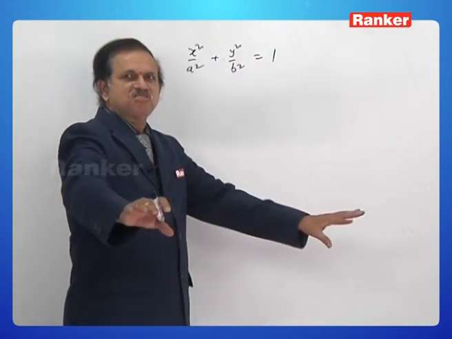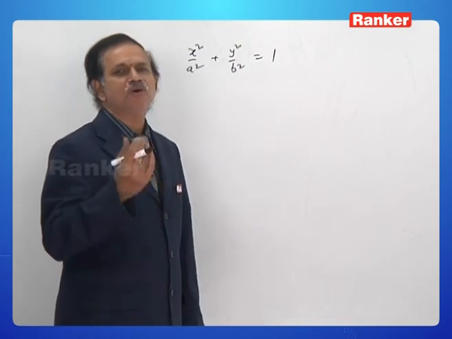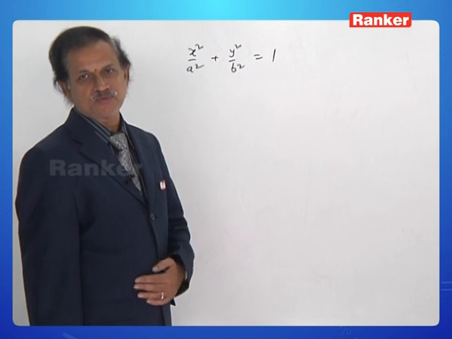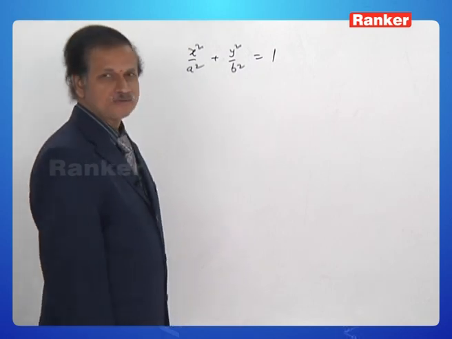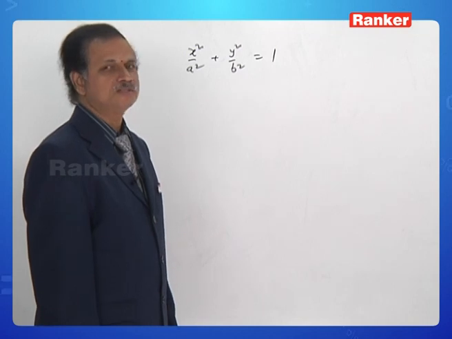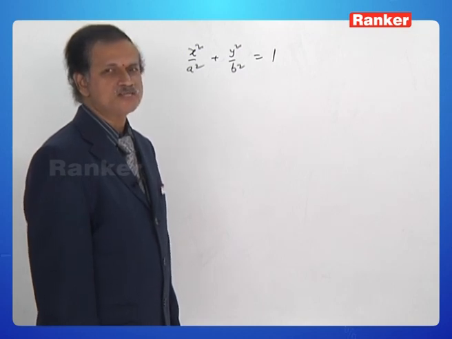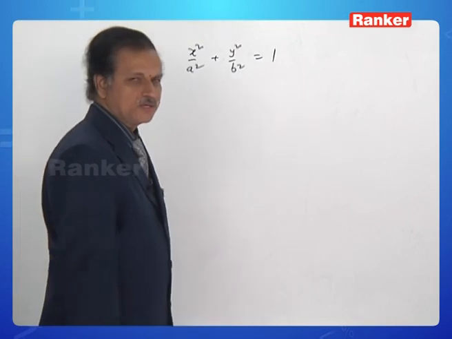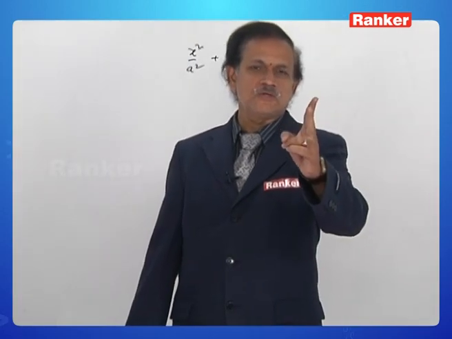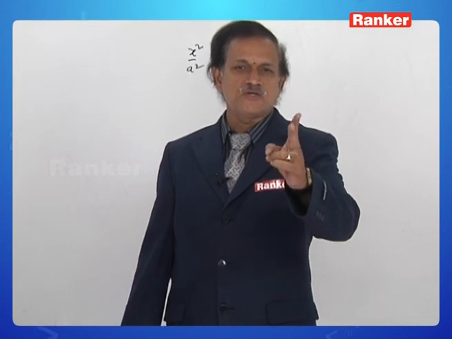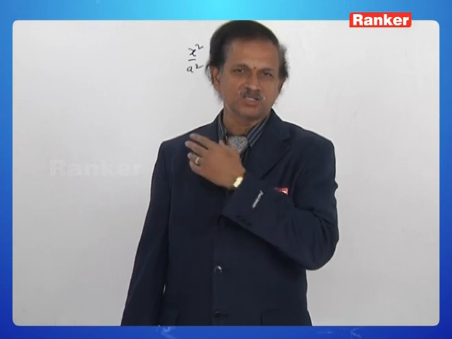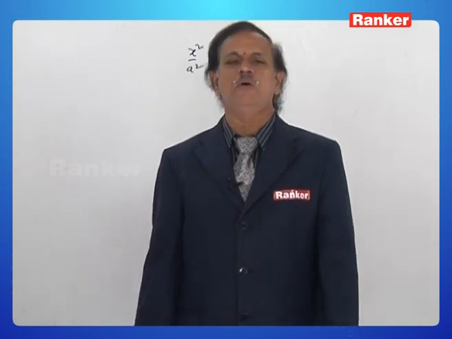Such a lengthy sentence will be given. We know that such an equation is just x square by a square plus y square by b square equal to 1. What are the parameters here? a and b. So what are the things to be eliminated? a and b. What is the number of constants to be eliminated? 2. So you are permitted to differentiate the equations at most 2 times only.